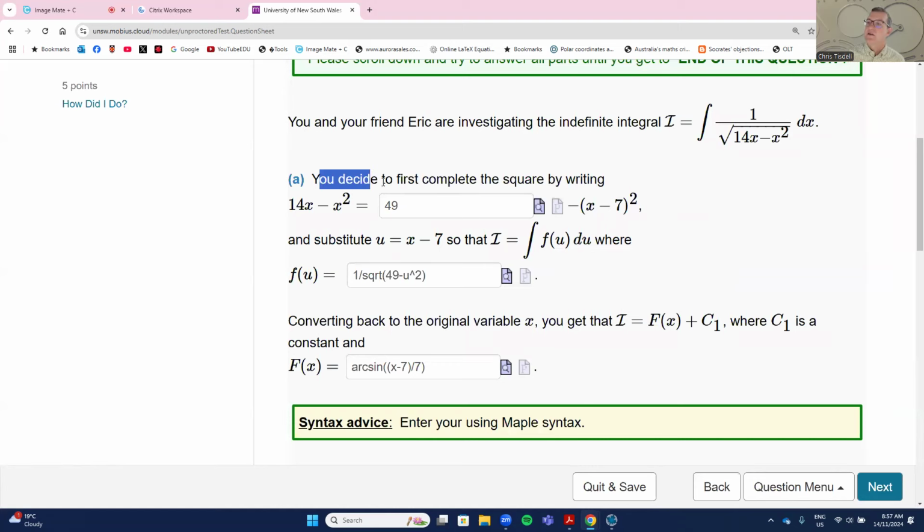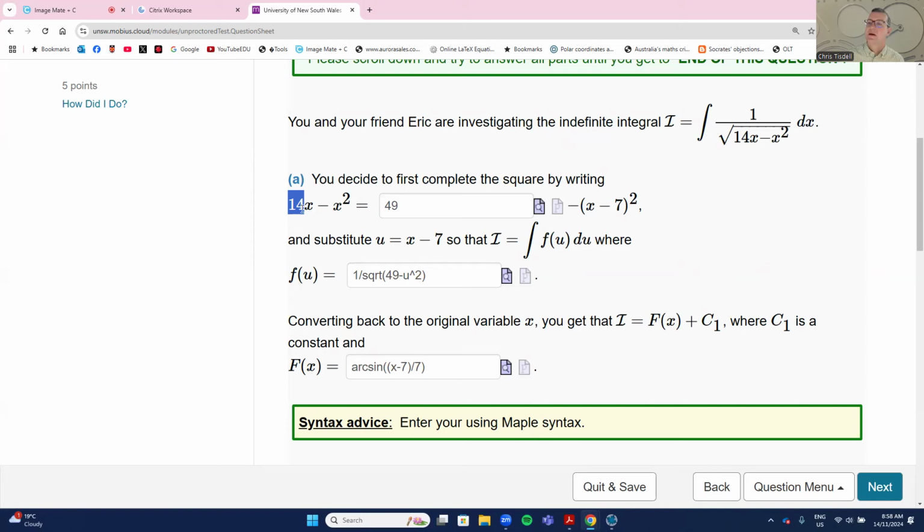You first decide to complete the square. Now, completing the square is an algebraic technique where it's something squared minus something else squared in this case. So you take half the coefficient of x, so 14 in this case. Take half of it and you square it, and you add it and take it away, and then you factorize.